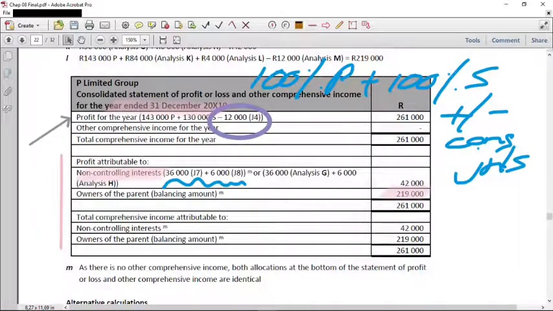You've seen this amount now in the consolidated statement of changes in equity, and when we looked at that, I've showed you that you are also able to calculate that amount. But when you do the consolidated SPLOCkie, do the line items up until profit for the year, calculate profit attributable to NCI, and balance back to that of the parent. No OCI items, therefore the bottom sections are the same.